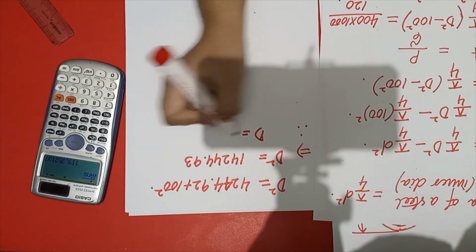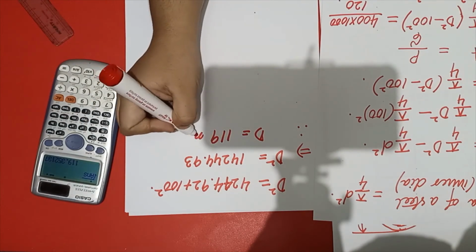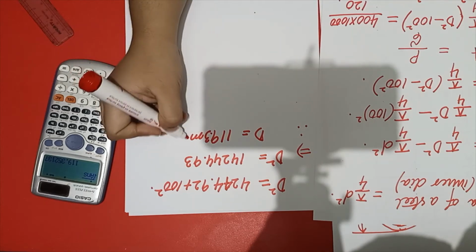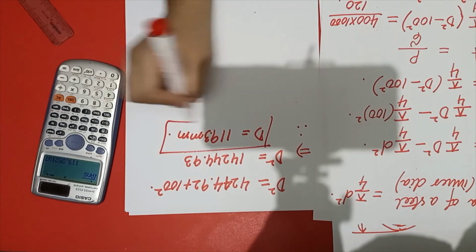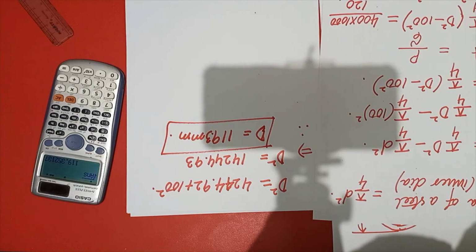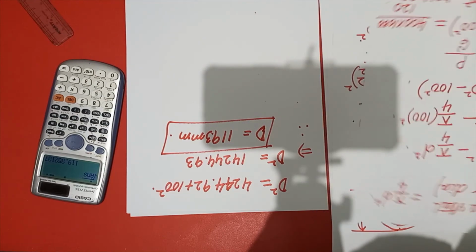So D is coming out to be 119.35 millimeter. So this will be the outer diameter of the hollow steel tube.